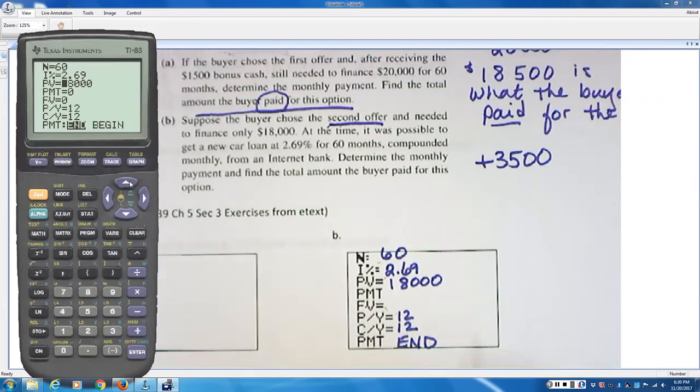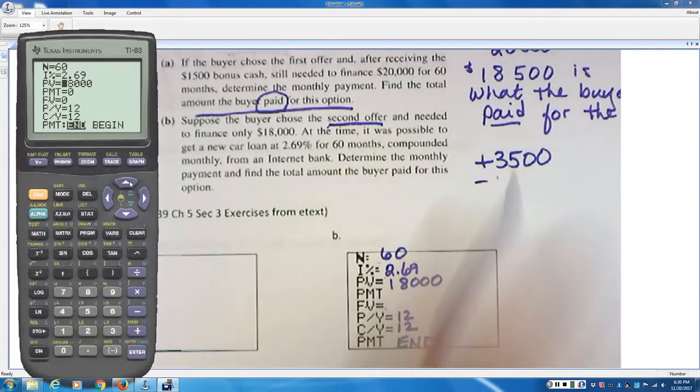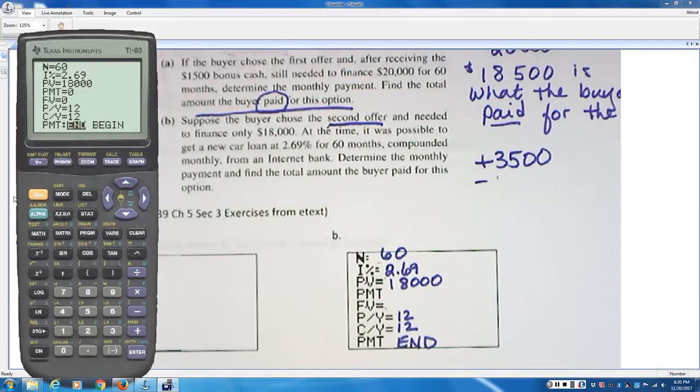So yes, you're right. The total amount of his payments is also going to be negative. Let's put the negative sign in there because you're right. You're paying back to the bank, or back to the car dealership. So his car payments are $320.96 a month.